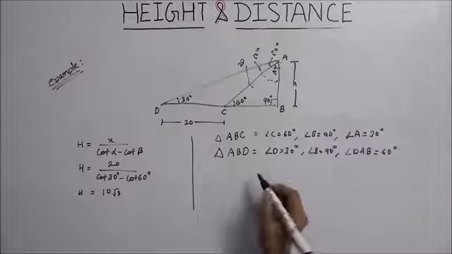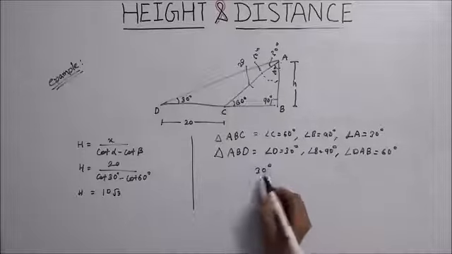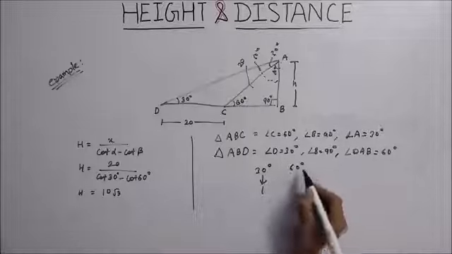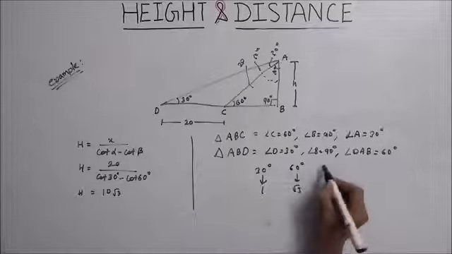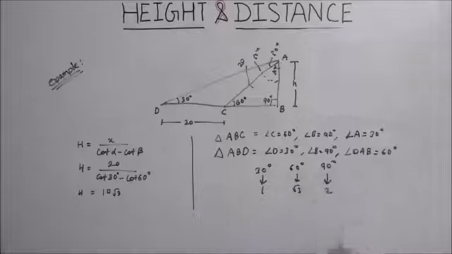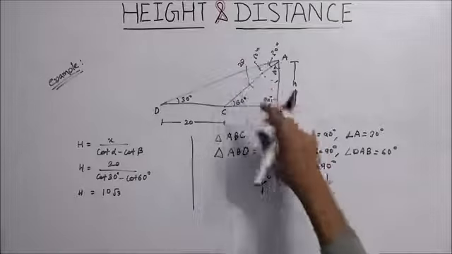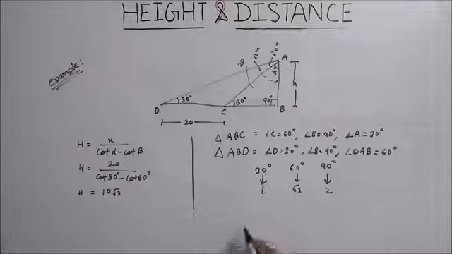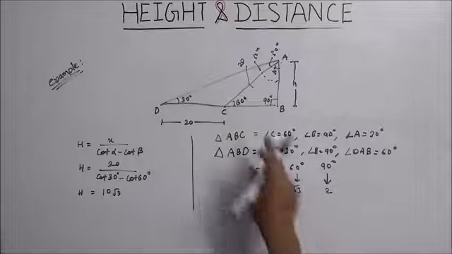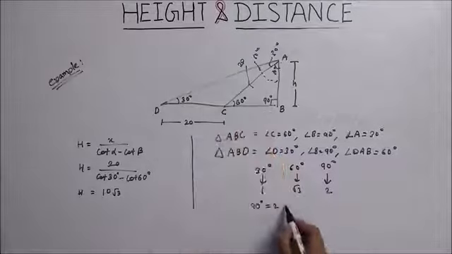To find the height, we have to just remember, when we talk about the angle 30 degree, the value is 1. For 60, it's root 3. For 90, it's 2. And we are given the side 20, that is opposite to 90 degree. So we start with the 90 degree angle. According to us, 90 degree is 2, and according to the question, the side opposite to the 90 degree angle is 20.